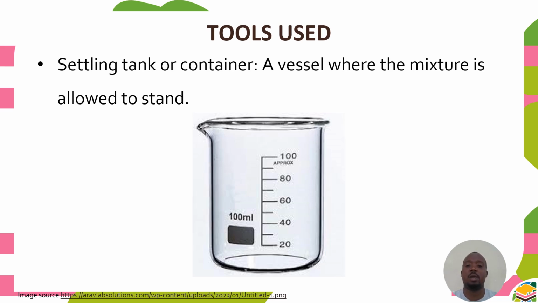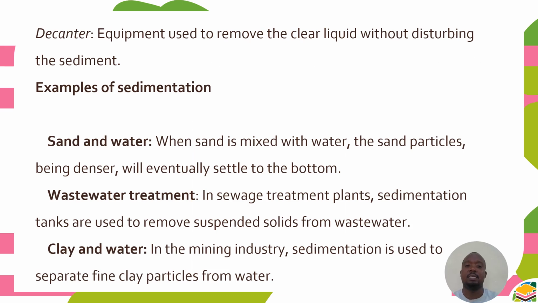You also need a decanter, which is equipment used to remove the clear liquid without disturbing the sediment. So you are supposed to remove the clear liquid without disturbing the sediment. So use a decanter.